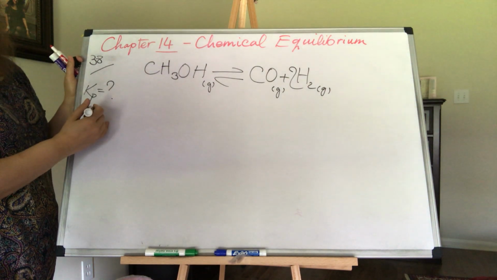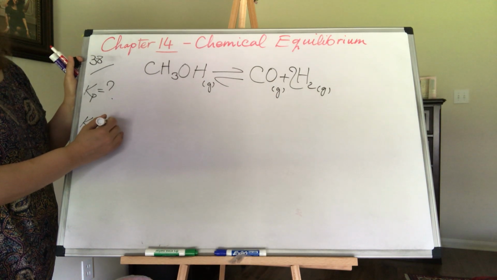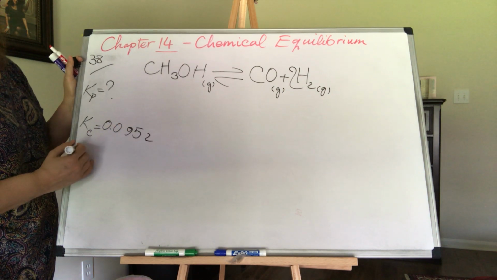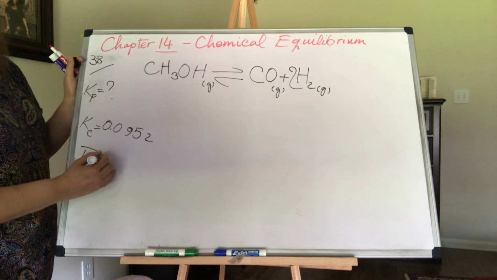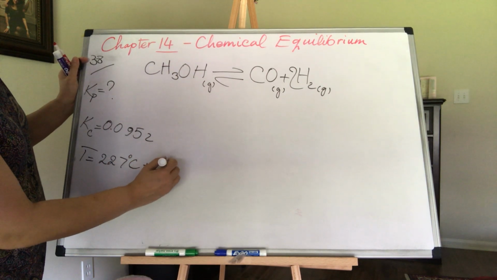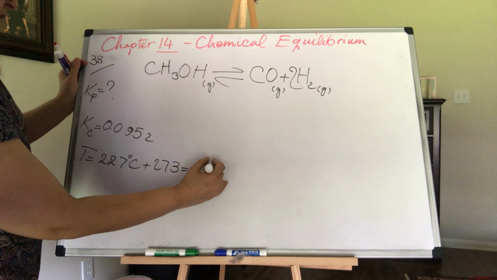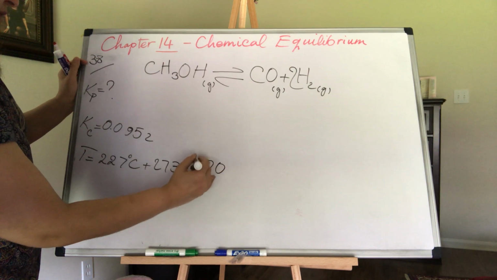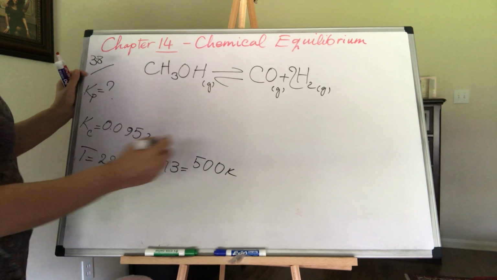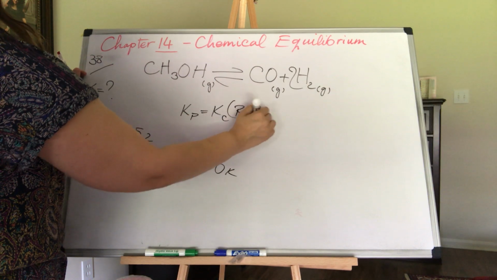By knowing that the value of Kc is 0.0952 at 227 degrees Celsius, but T is in Kelvin, so go ahead and add it to 273 right away. It's going to be 500 Kelvin, right? So your Kp is Kc RT to the delta N.